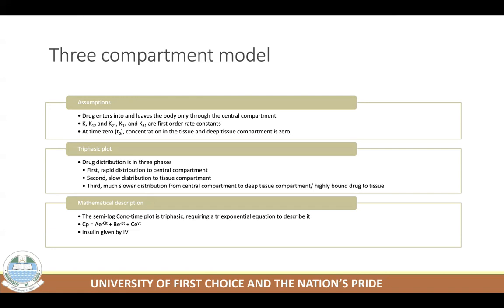Examples are bone and fat tissue. These are examples of a third compartment. The deep tissue compartment may also represent highly bound drug in the tissues. So if the drug is highly bound in tissue, then you may be able to describe some tissue area as the third compartment.